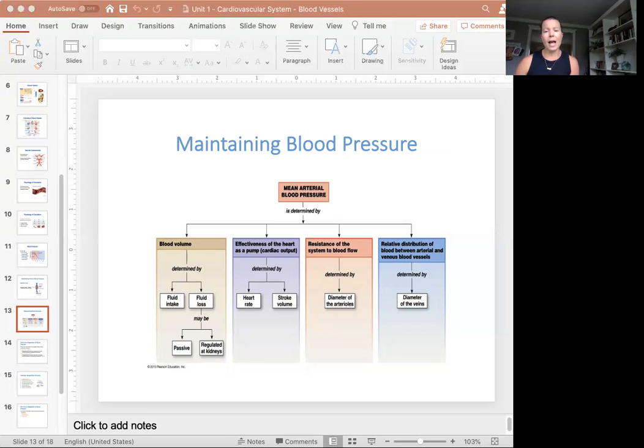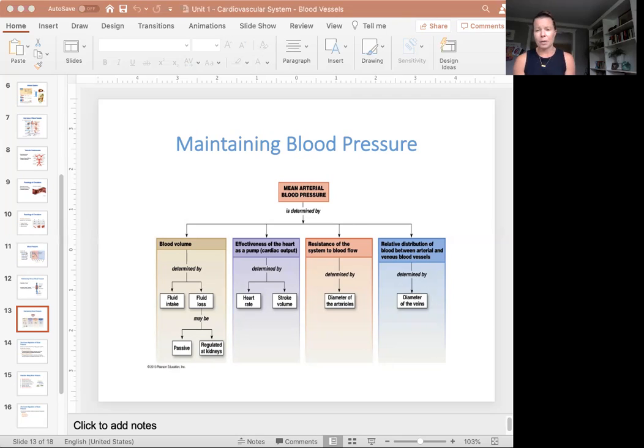So your body has some short-term mechanisms to regulate blood pressure and also long-term mechanisms. And when I refer to the terms short-term and long-term, it just means that if it's a short-term regulation, it's a very quick response that your body has. So if you want to increase blood pressure, if you use a short-term regulation, it would be a very quick increase in blood pressure.